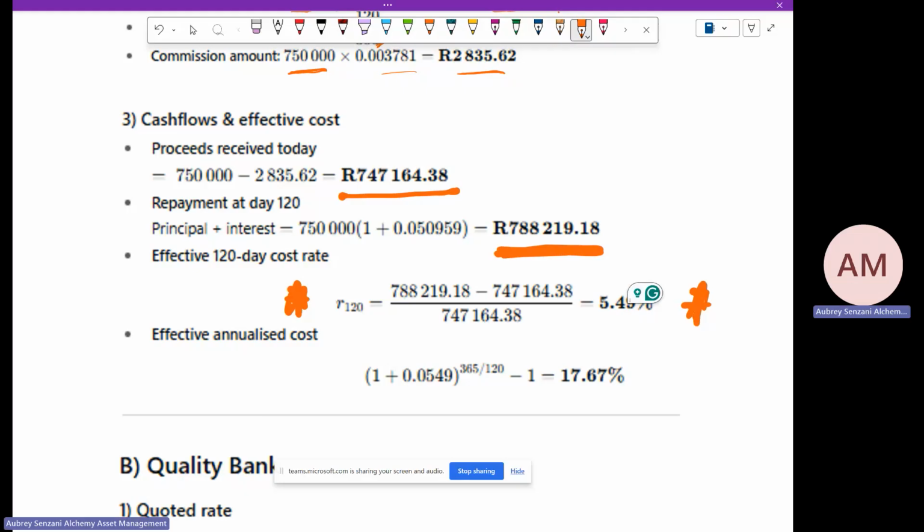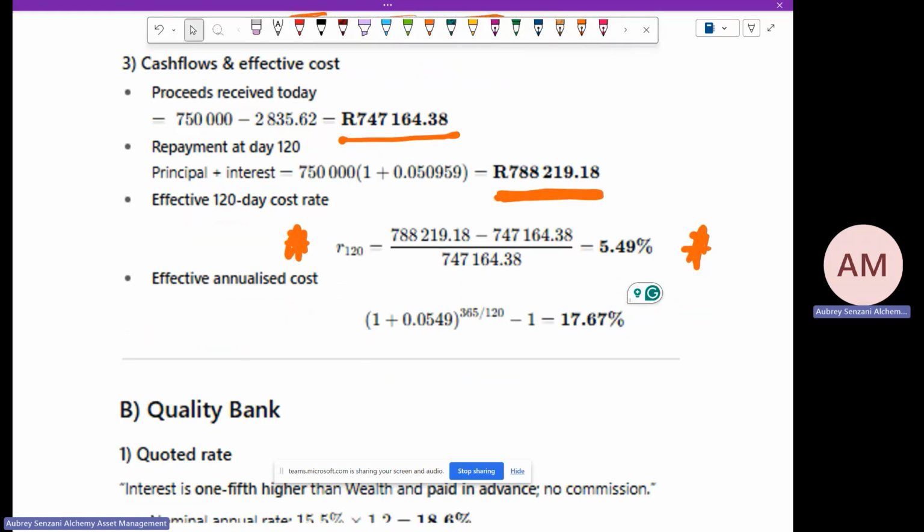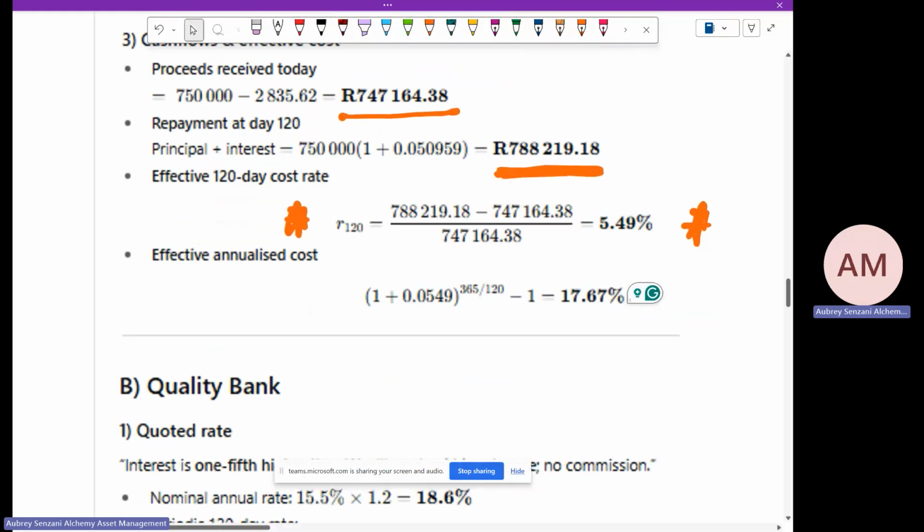So we're saying, what is the interest or total that we are paying towards them, because there's interest and obviously commission there, divided by the total that we received, the principal? So the interest rate there, Grammarly is hating on us, is obviously 5.49%. But now we want to make this an effective annual rate, because remember, we said the term of this loan is 120 days.